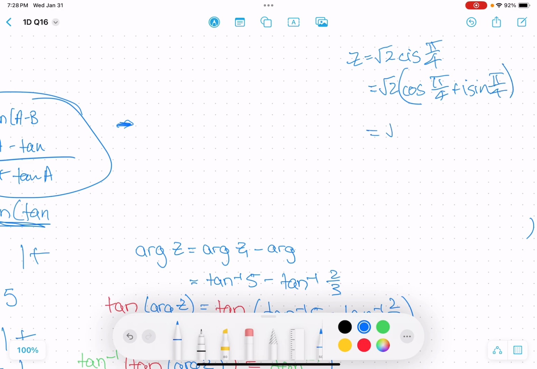So cos of pi on 4, 1 on root 2, cos 45, and sine of pi on 4, 1 on root 2 as well. So we've got a root 2 out the front and a divided by root 2 inside, so that's going to be 1 plus i. Hope that helps.